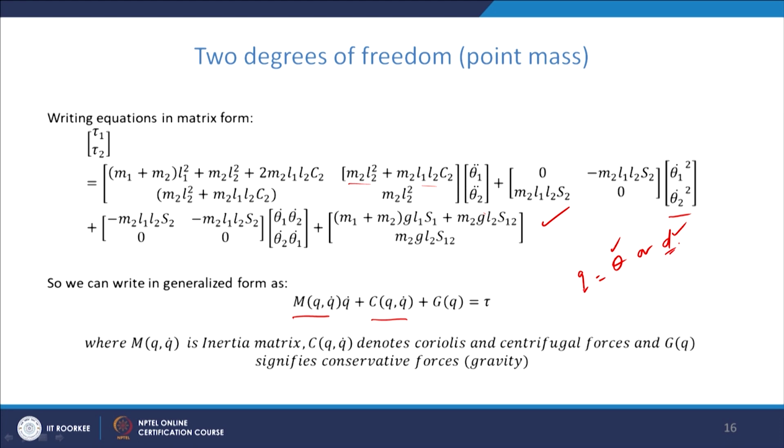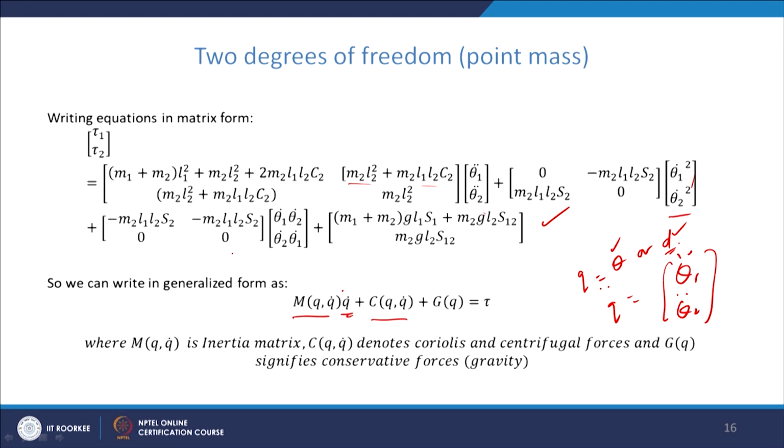So, Q is used in general for the variables, whether the joint is revolute or prismatic. Here Q double dot means theta 1 double dot, theta 2 double dot, and C(Q, Q dot) means the terms containing theta and theta dot, whether linear or non-linear, collected as a combination.